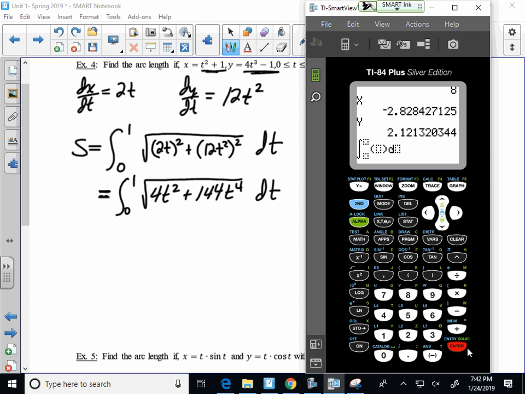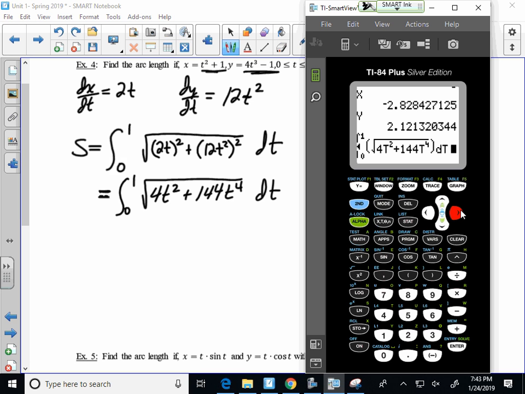So all I'm doing is typing in the 0, the 1, popping in the root of 4t squared plus 144. You can use x if you want, because the calculator is going to know what you're talking about as long as you tell it by indicating what the variable is after the d.